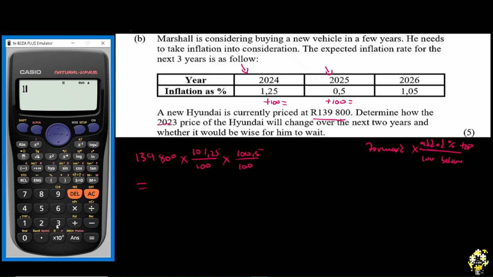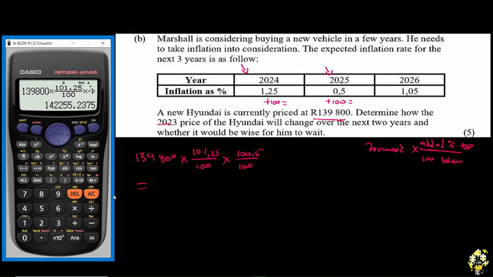We have solved the inflation. 139,800 multiplied by 101.25 over 100, and then you also multiply by 100.5 over 100. What's the price?